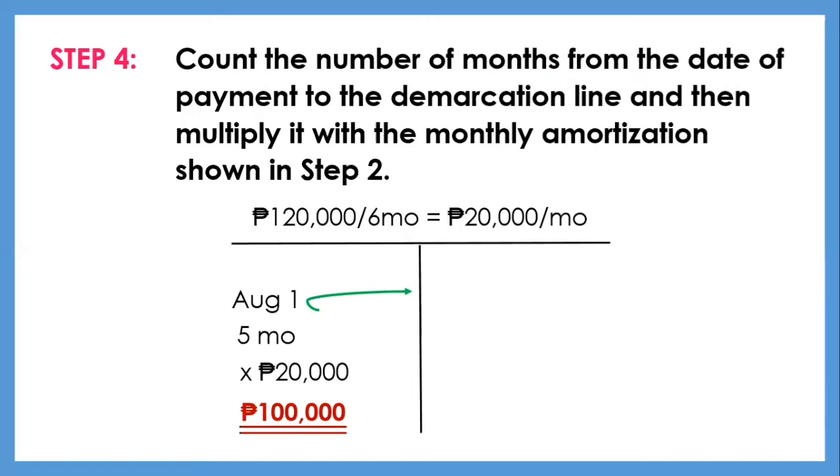Same as the previous example, we have August 1 and the total number of months from the date of payment, we have 5 months multiplied by our monthly amortization of 20,000 pesos. So 20,000 multiplied by 5 months would amount to 100,000 pesos.